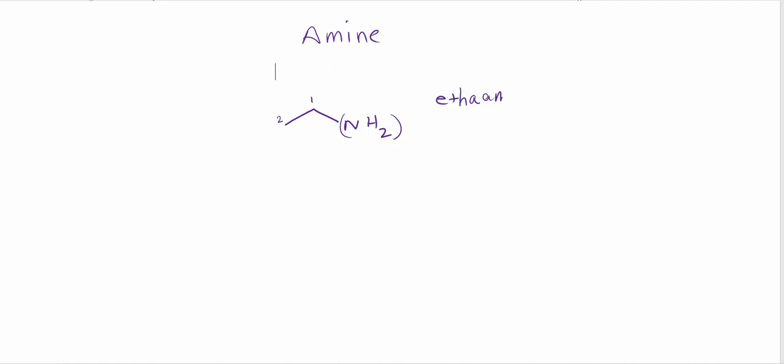Oops, I lost a letter there. Ethanamine. So you take the alkane name, take the E off, and add amine. This is the IUPAC name. Now the common name for this, we would have the alkyl group name, ethyl, and then amine.